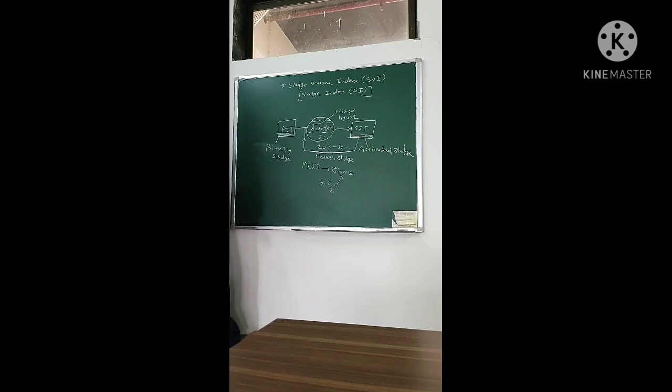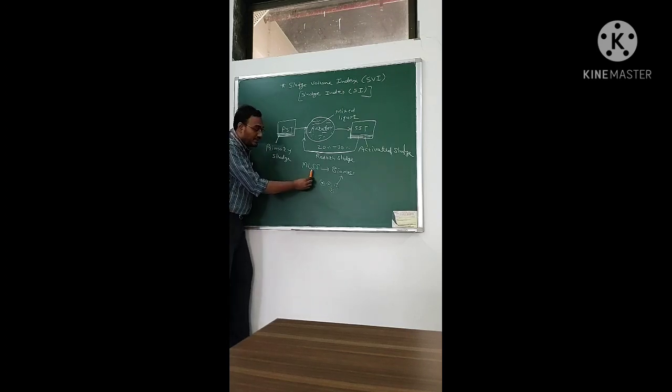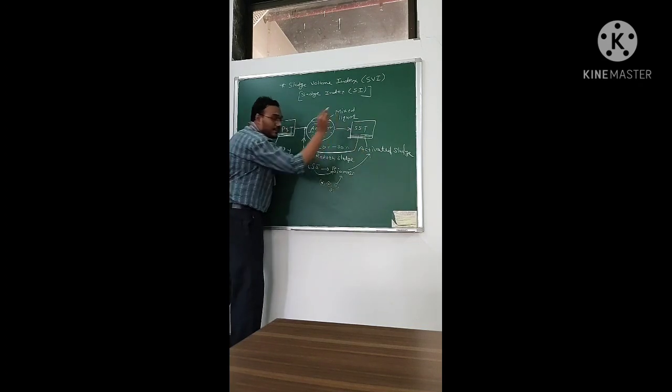So activated sludge particles are nothing but suspended particles, the suspended impurities in the aeration tank. That is why it is called mixed liquor suspended solids, which are ultimately the biomass, the organic impurities covered by microorganisms, and this biomass is ultimately your activated sludge.